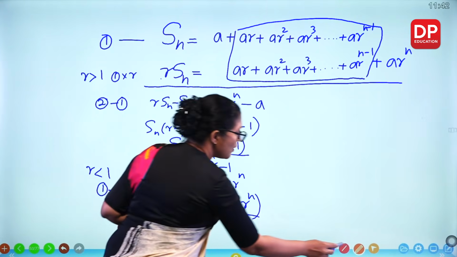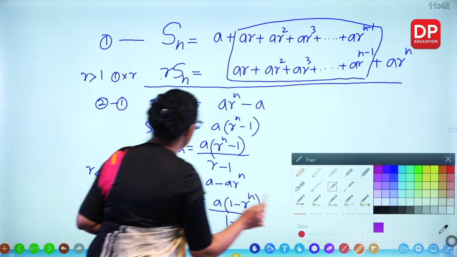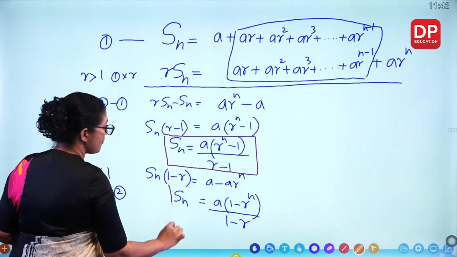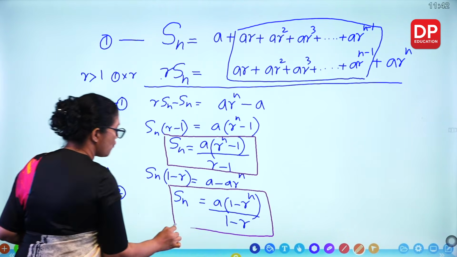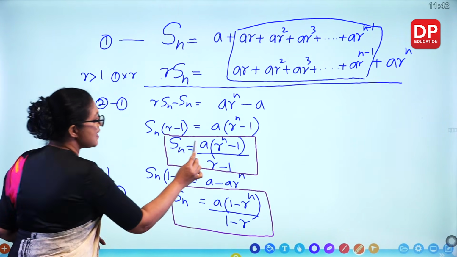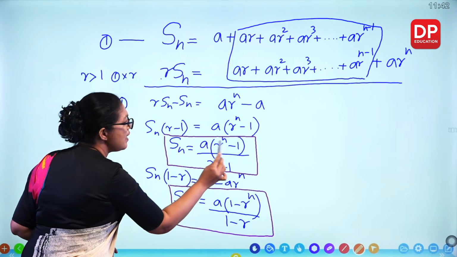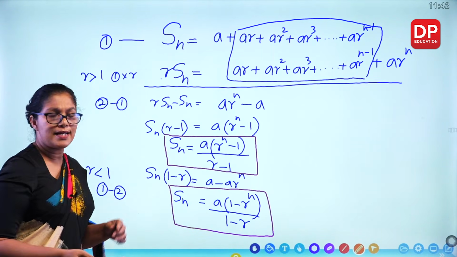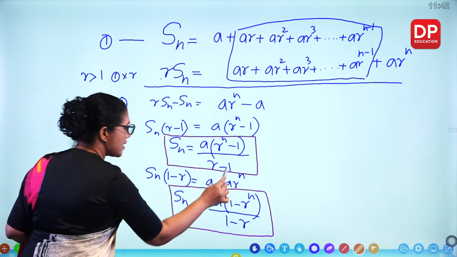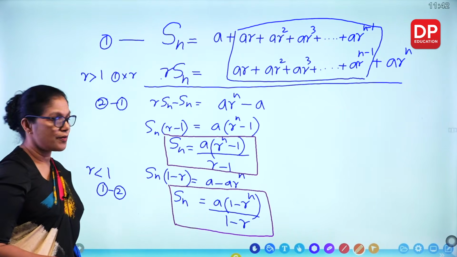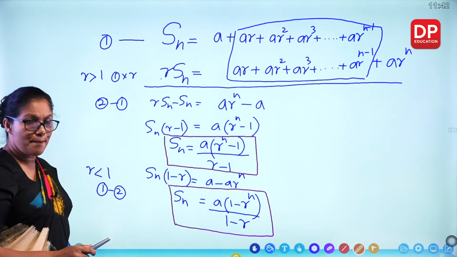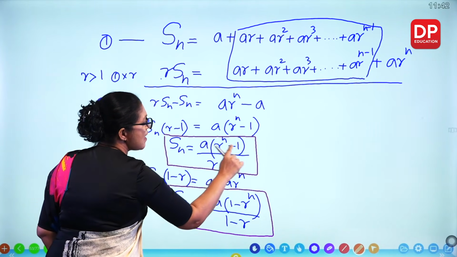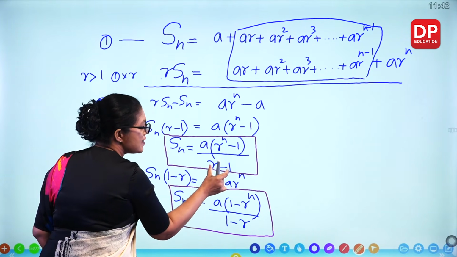Now look carefully. What's the difference between these two formulae? Same terms, A, the only difference is this is R to the power n minus 1 over R minus 1, here it's the other way around. So it's easy to remember. When you forget about n, this is R minus 1, you divide by the same thing.